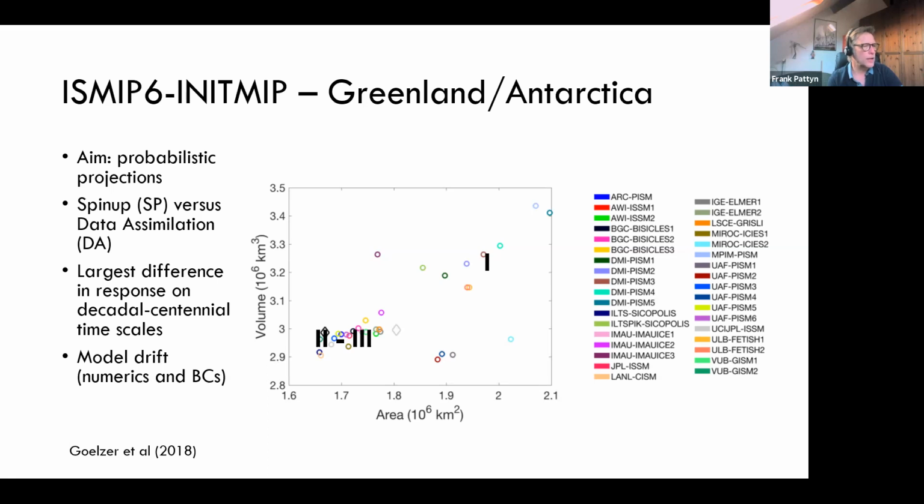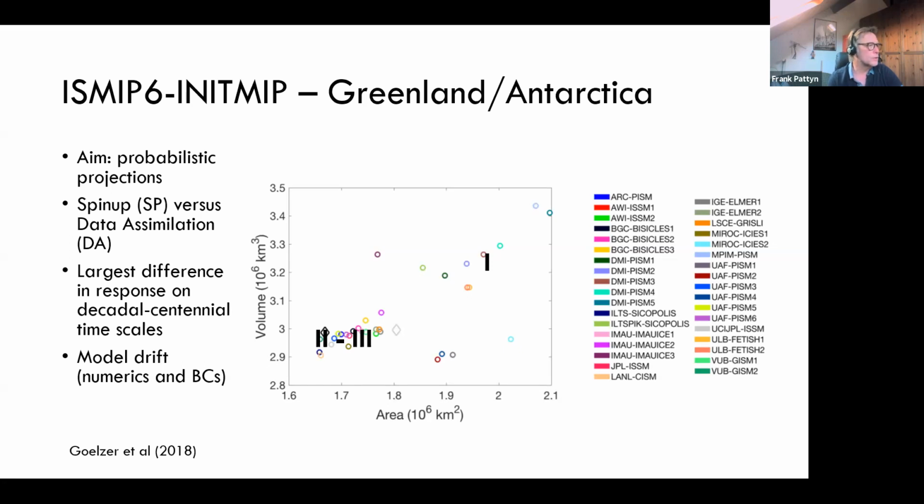So that's on initialization of the Greenland and Antarctic ice sheet, and I show you an example of Heiko's paper on the initialization of Greenland. So where we see how the modeled response, or the present day reconstruction of the ice sheet, largely depends on the initialization method.